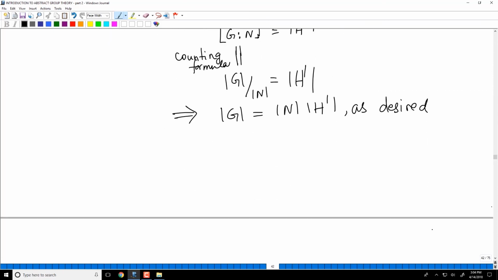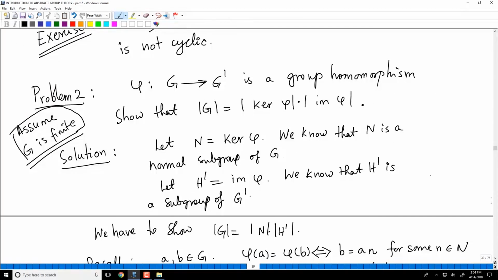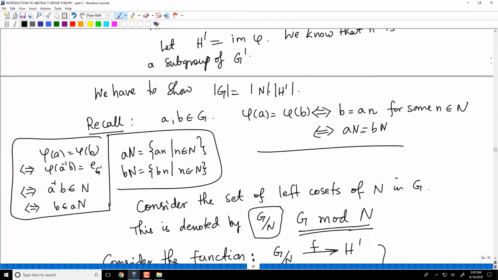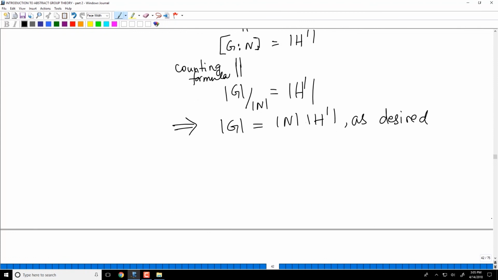This is exactly what we wanted. The problem asked to prove that the order of G is equal to the order of kernel phi times the order of image phi. Kernel phi was denoted by N, image phi was denoted by H prime. So that completes the solution.